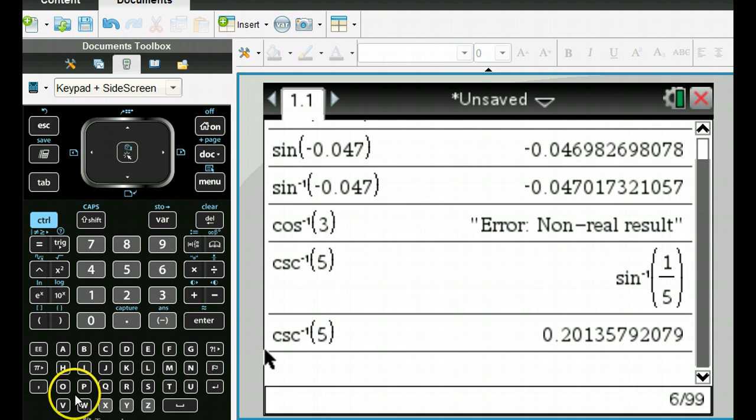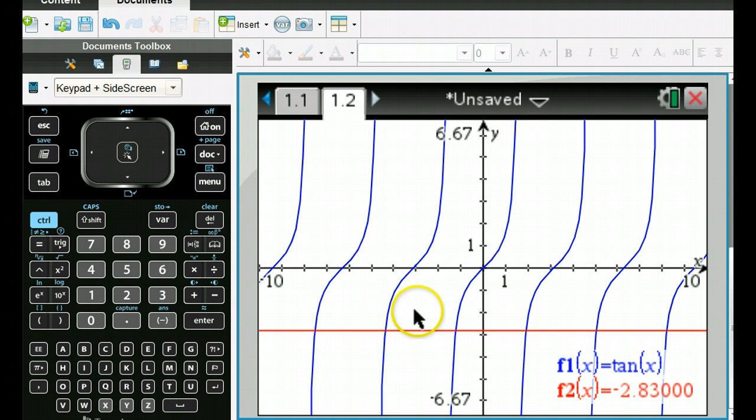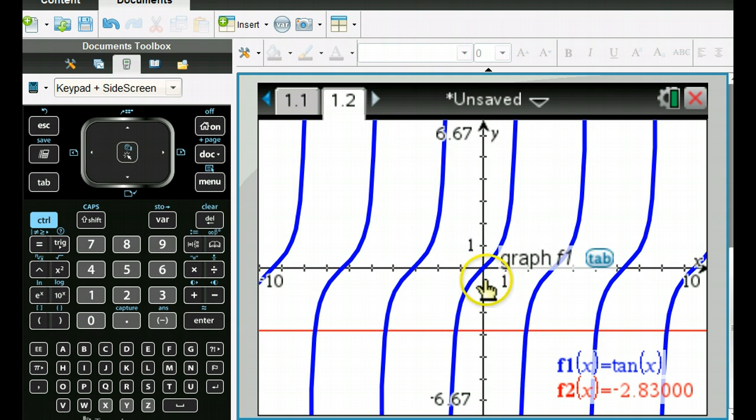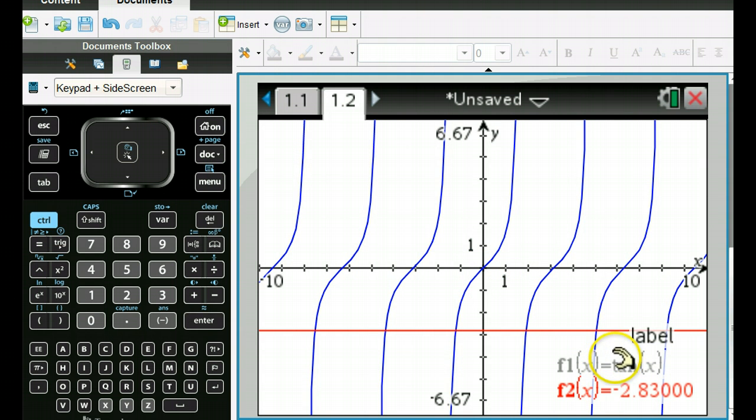All right. Graphically, if I go back to number 9 to do this one graphically, I'm going to graph the tangent and then this value. This tells me when the tangent is equal to this, and that will give me my angle measurement. I didn't graph the inverse tangent because you're just plugging in that value, but I graphed the tangent equal to this right here.